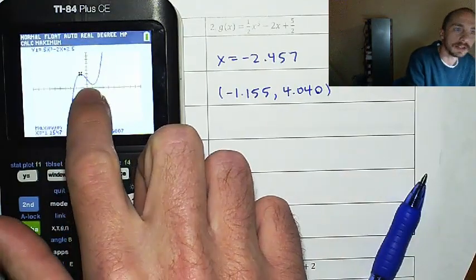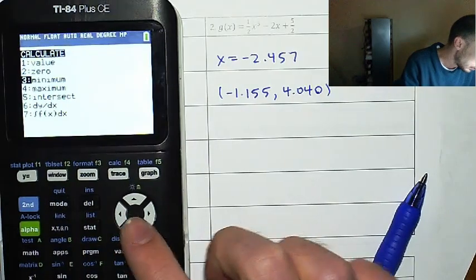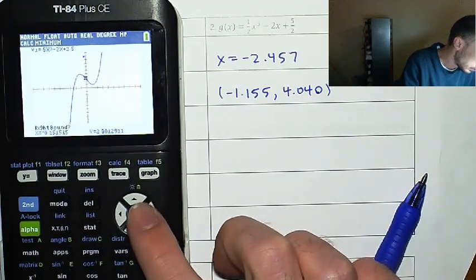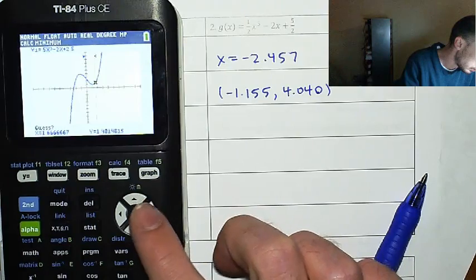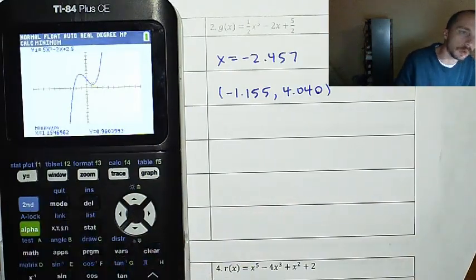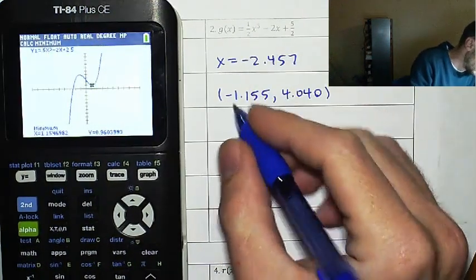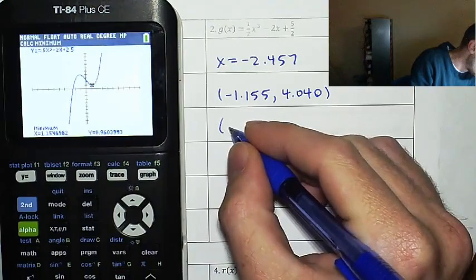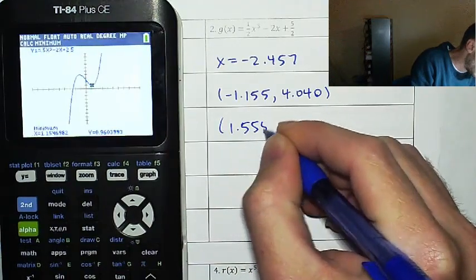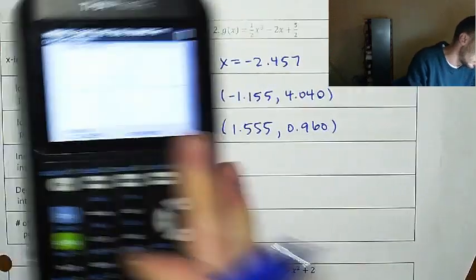Local minimum happening down here where the function goes from decreasing to increasing. Okay, and I found that to be at x equals 1.15 something. And y is 0.960. So 1.155 and 0.960.